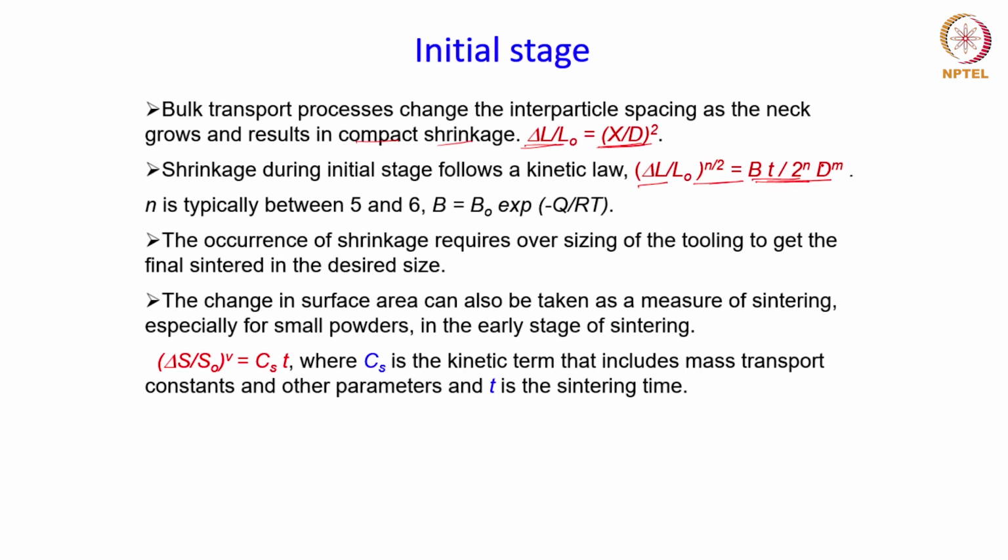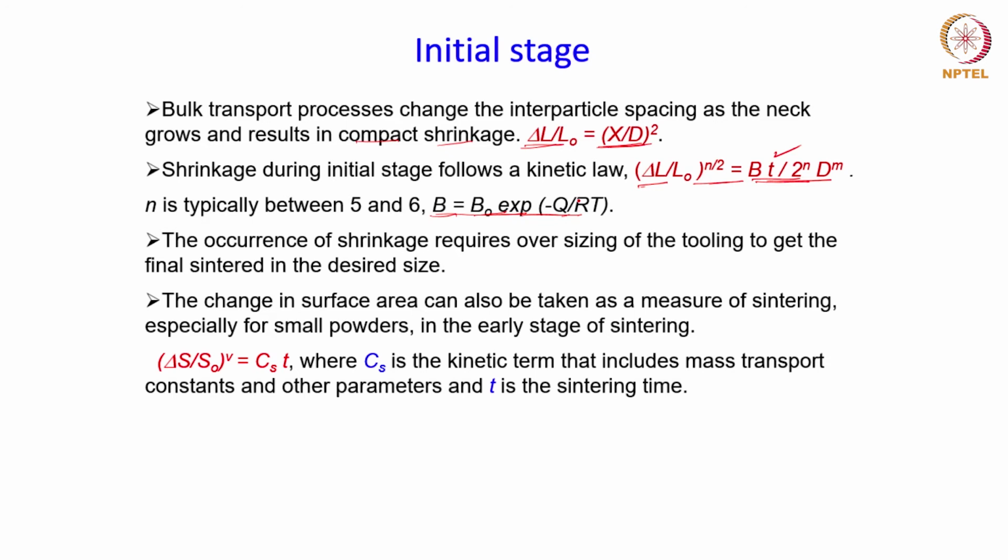So if you look at the rate of densification or the kinetics of the process during the initial stage, it will follow a relationship like this with respect to the sintering time t. N is typically between 5 and 6, and b is an exponential function of temperature, as you could see from this equation over here.